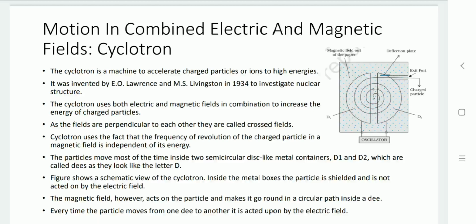Every time the particle moves from one D to another, changing from D1 to D2, at that time the electric field acts on it. The electric field within a D does not affect the particle, but while it moves from D1 to D2, it is acted upon by the electric field.